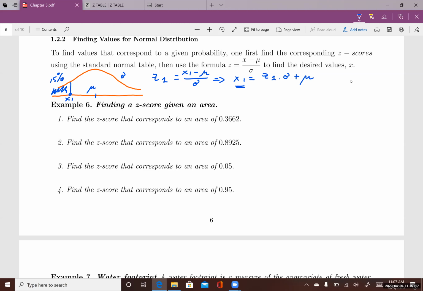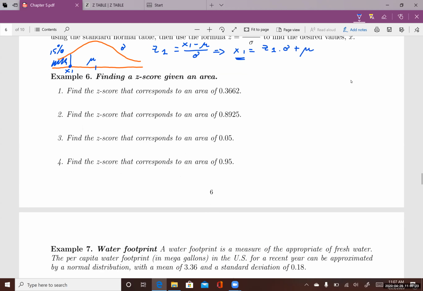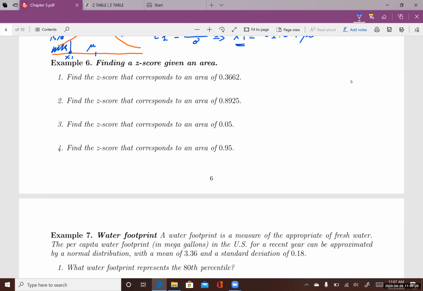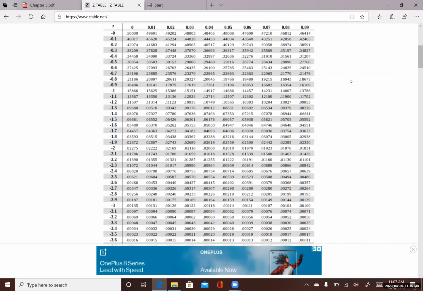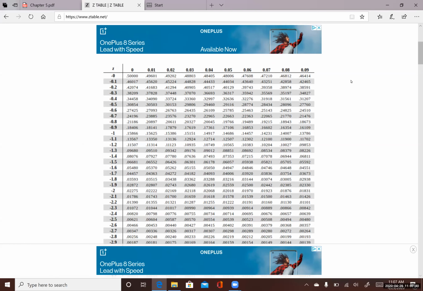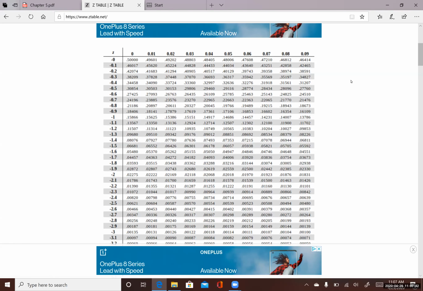So first, let's practice finding a z-score given an area. Find the z-score that corresponds to an area of 0.3662. Let's go to the z table. 0.3662 is less than 0.5.